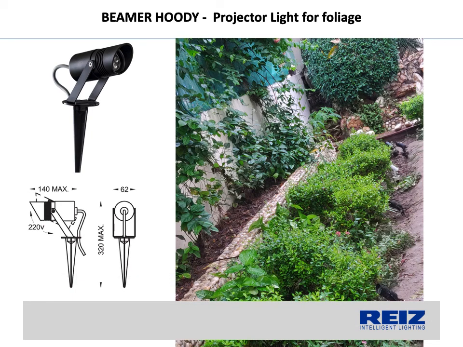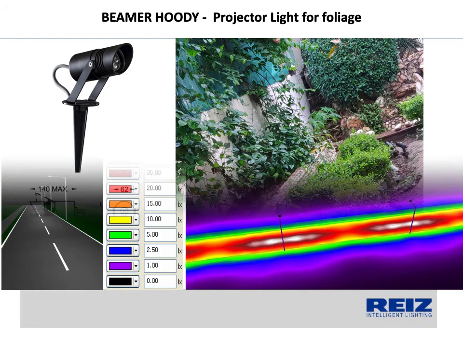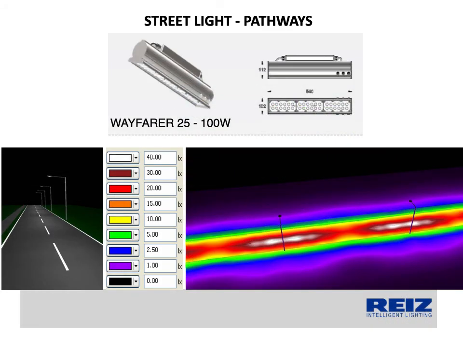Outdoor foliage can be lit effectively by the small spike beamer hoodie light. Factories invariably have pathways and driveways, and these need to be lit uniformly using special optics designed for type 3 small roads.